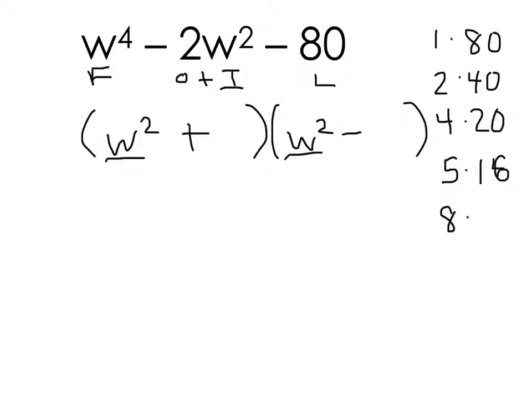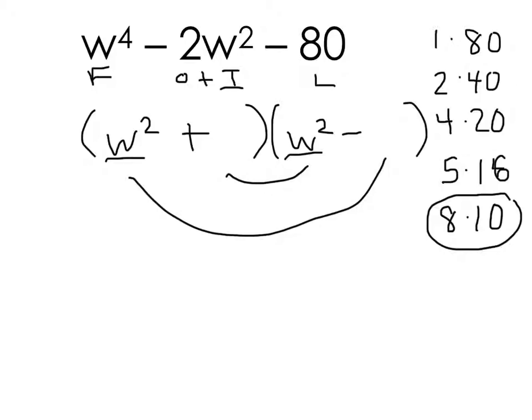How about 8 times 10? So, because it's a plus and a negative, we're looking for factors that have a difference of 2. 8 and 10. So, which one is 8 positive or negative? Remember, our inside and our outside have to combine to give us the negative 2w squared.